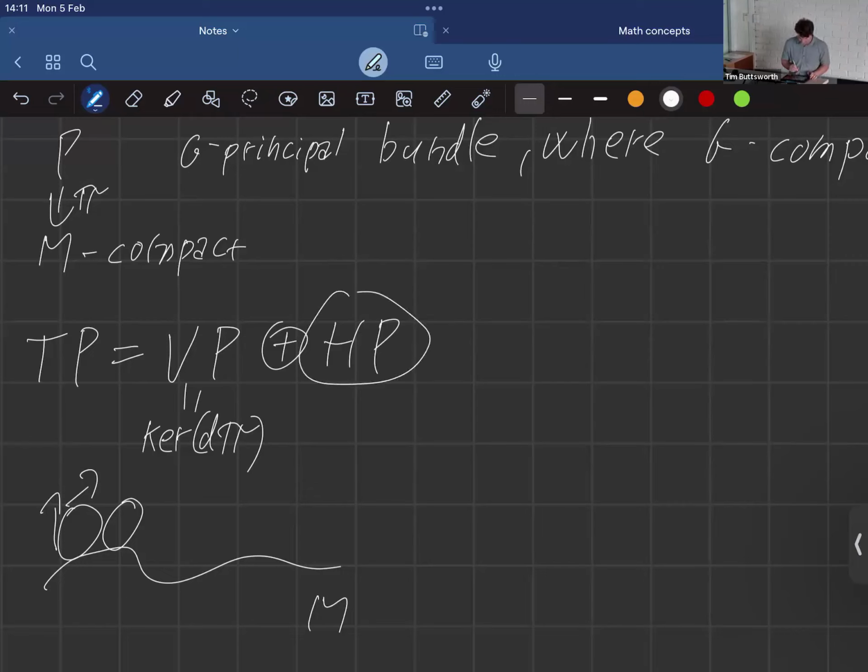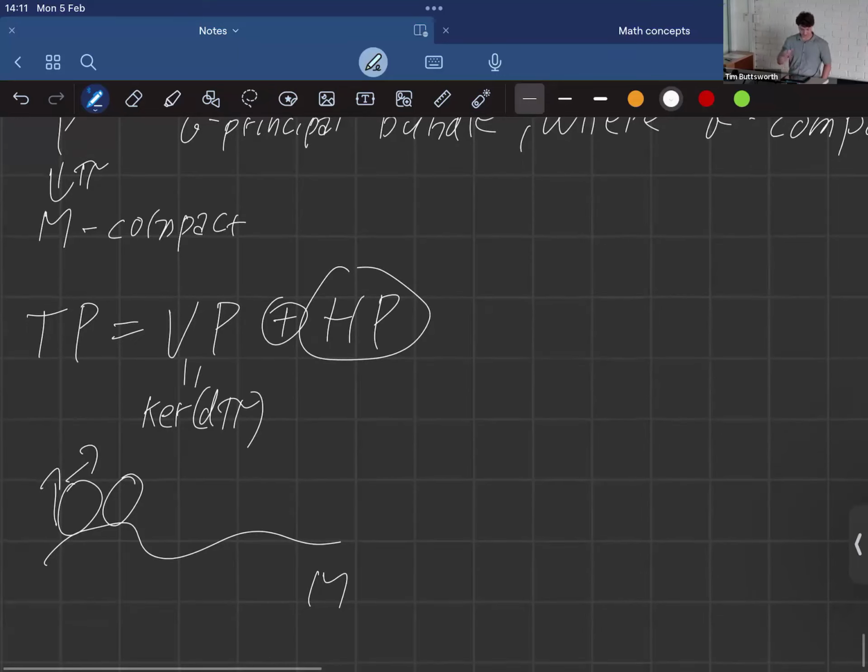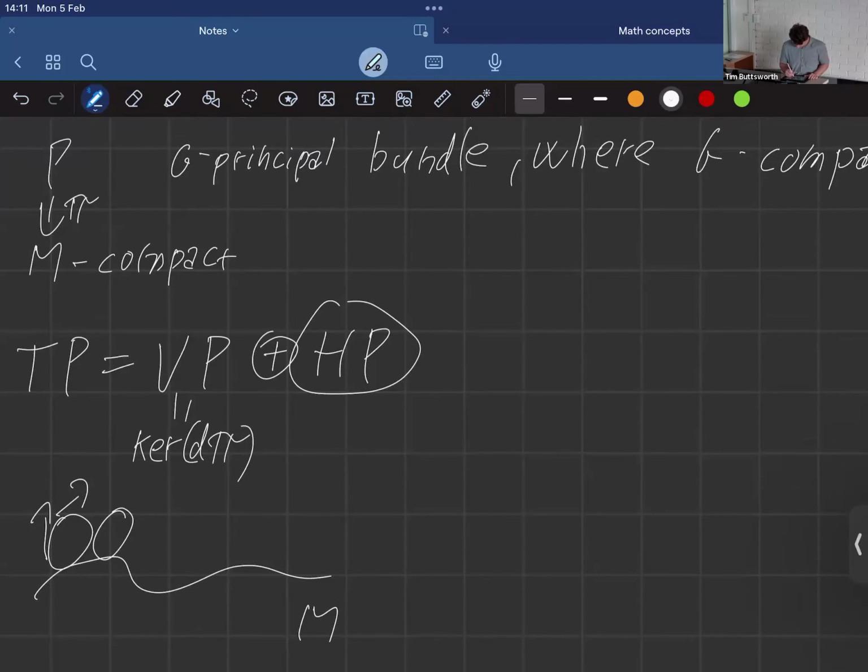So we need to describe this H_P, the horizontal bundle. There are a number of equivalent ways we can describe it. For the purpose of this talk, I'm going to use the description using one forms. So what we have is A, a one form on the tangent bundle of the total space P, which takes values in the Lie algebra g.